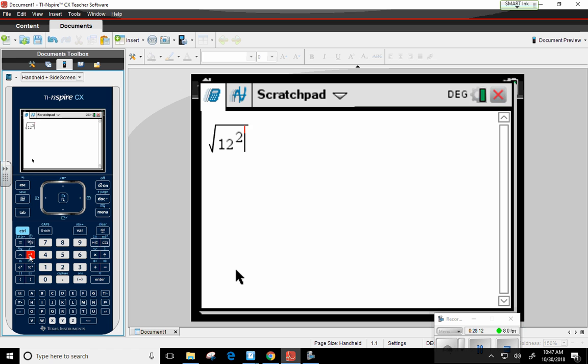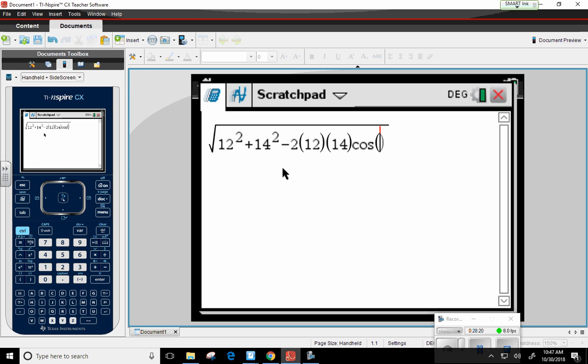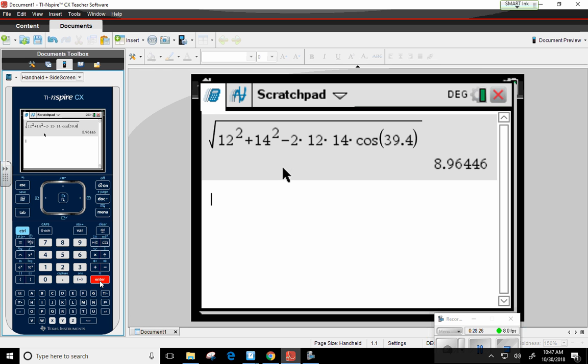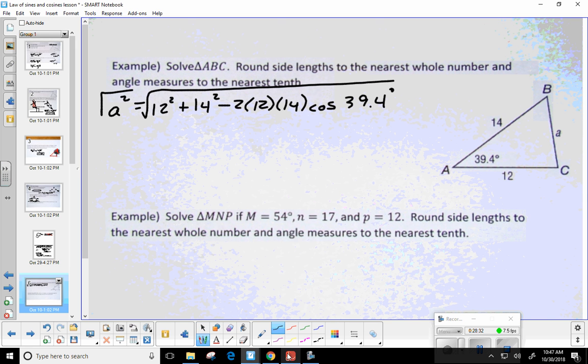Let's see, it was 12 squared plus, was it 14 squared, minus 2 times 12 times 14 times the cosine. I want to say 39.4. Okay. So I know that side A should be 8.96, so we'll say 9.